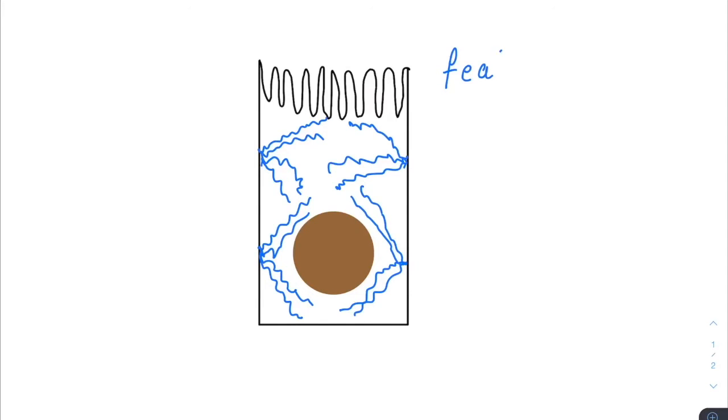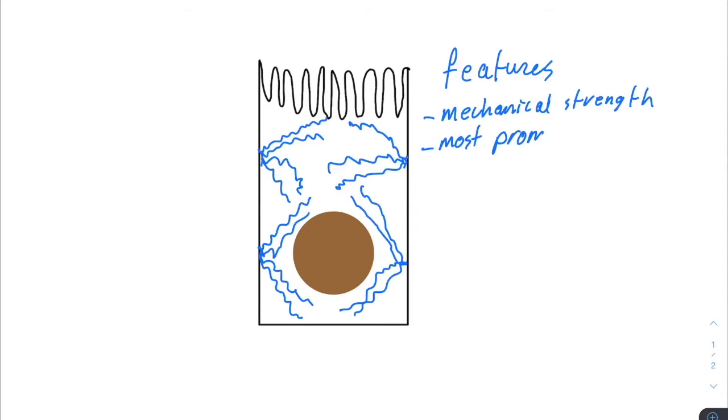Now let's discuss some of the features of intermediate filaments. The first one I would like to mention is the mechanical strength, and this is due to their fibrous nature and rope-like construction, which allows them to have a high tensile strength, and this allows the cell to maintain a shape and basically give it the ability to withstand pressure and be able to hold itself up.